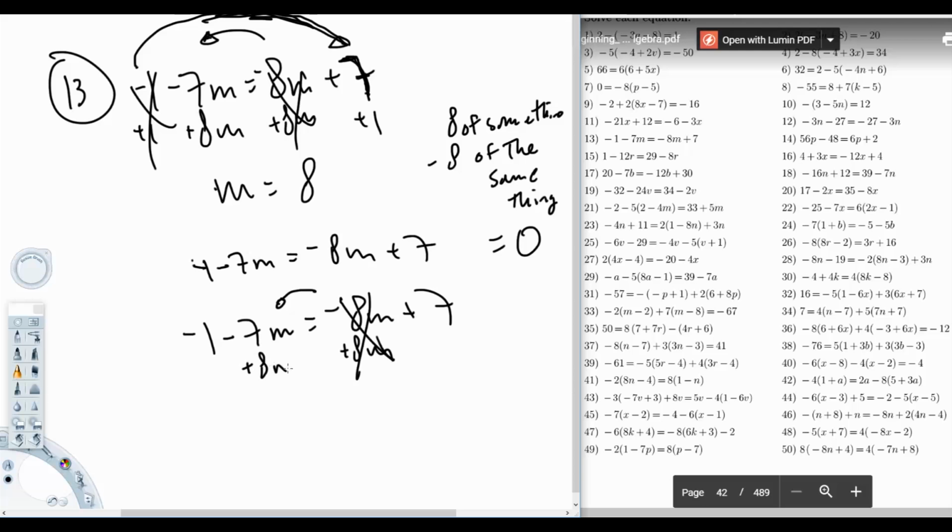I have to add 8m, or 8 of something, and subtract minus 7 of something, which will give me 1 of something, or just m, if that makes sense. So this is what I'm left with. And I have to take this number and put it on this side because I'm solving for m. So I'm going to add 1 on both sides, and that will give me m equals 8. And that's the answer. So we're going to continue on the next video.